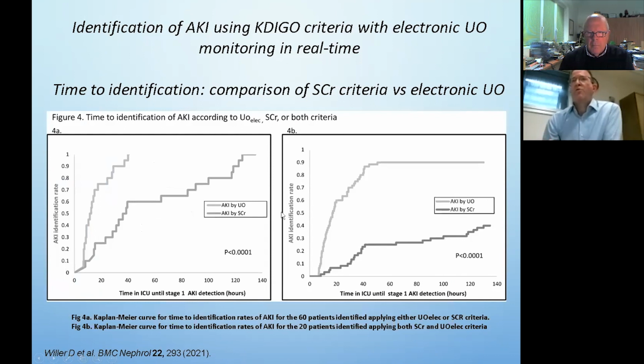The same was true for patients where we compared the identifications of AKI by applying either urine output electronic monitoring or serum creatinine criteria, or in the group where we compared both criteria.